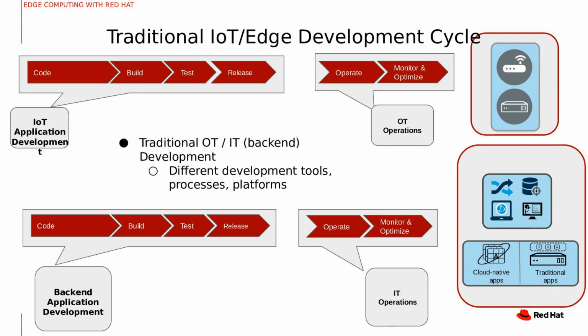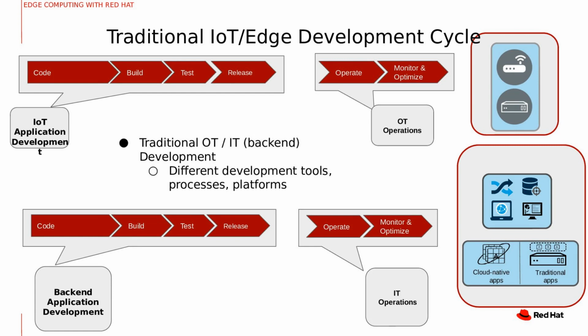They have to code and build and test and release things. And in a typical development cycle, they then hand it off to the OT operation team. They're responsible for these device gateways, and so they're responsible for getting the stuff deployed and managed on those systems.